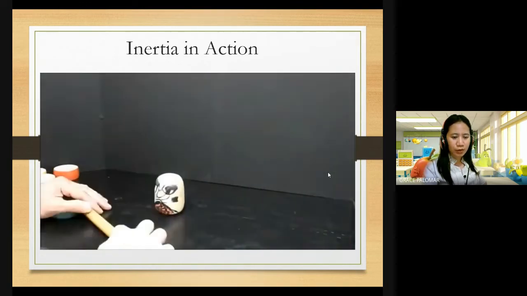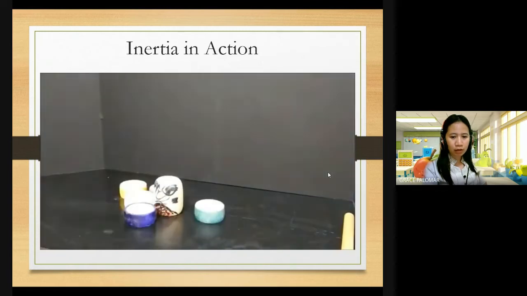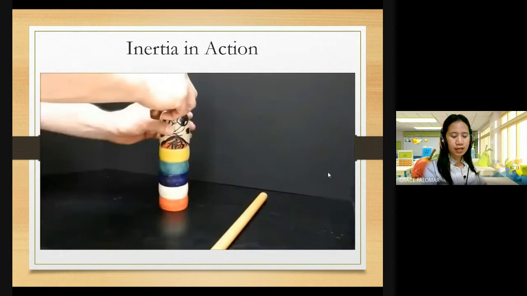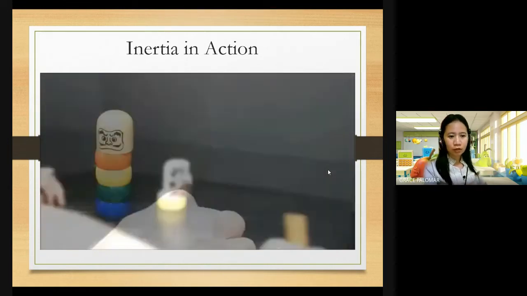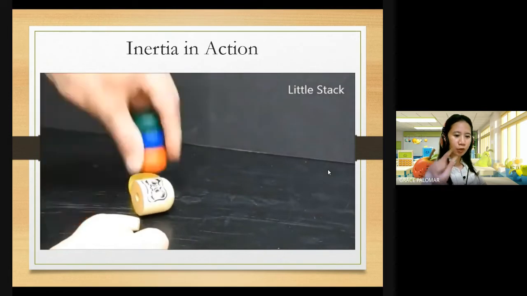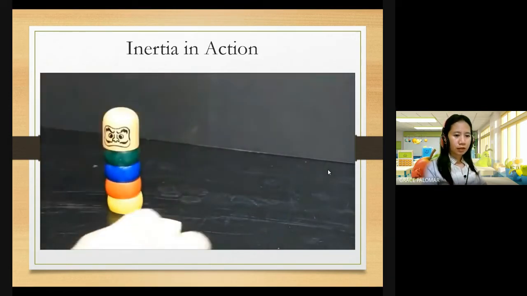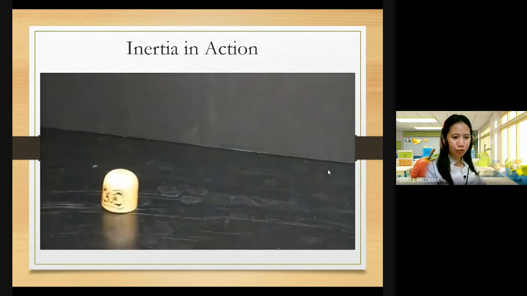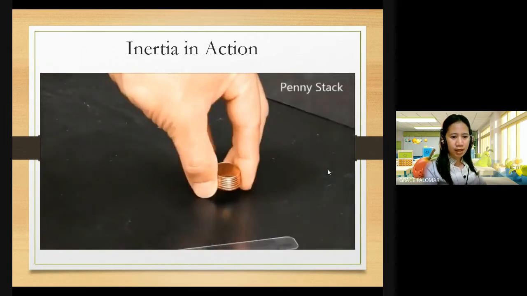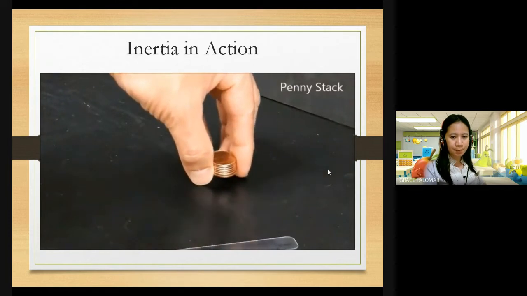And then when you try to suddenly pull out a wooden stick, the rest will still be there. It will actually take a lot of technique. The little stack will be at its place and will not move because it is at the state of rest.